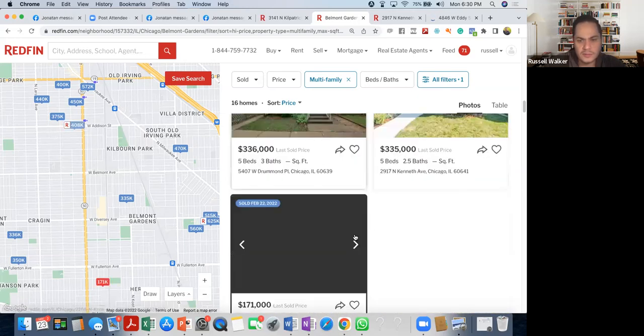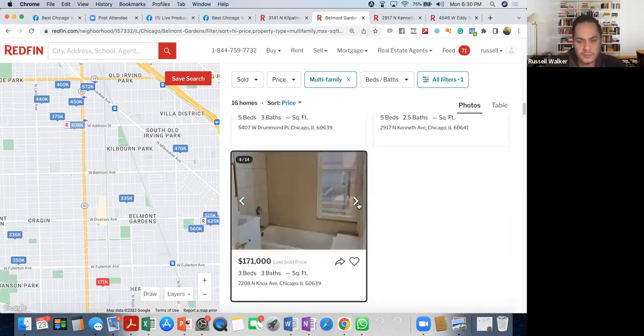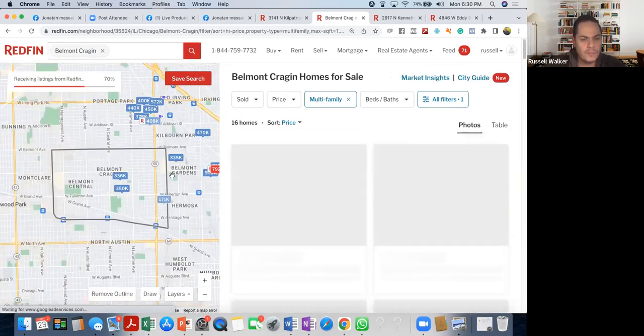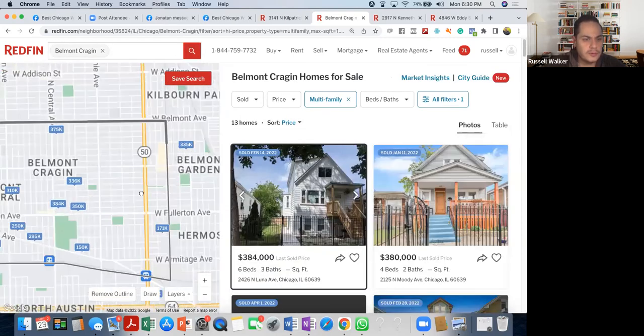And then this 171, I'm sure it's like a total rehab. Yeah, that needs a lot of work. So the next closest one that's in the Belmont Cragin neighborhood. Let me see if this is Belmont Cragin. Yeah, I mean it's right in the Belmont Cragin here.